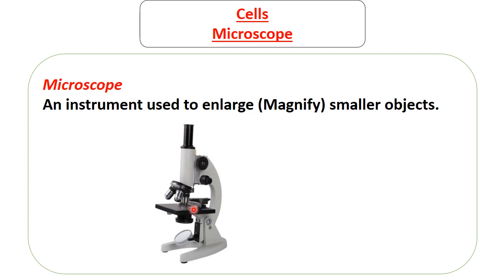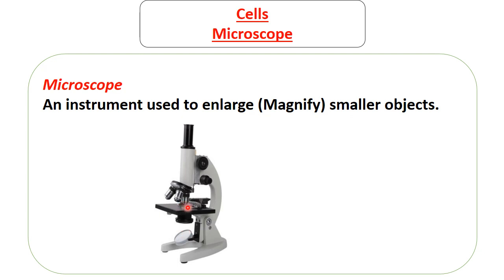Note that this is one end of the opening, and here is another end of the opening. Once you mount your object there, the light from the mirror will pass through here and you'll be able to see your object clearer. So the function of the mirror is to provide illumination or lighting to the object.